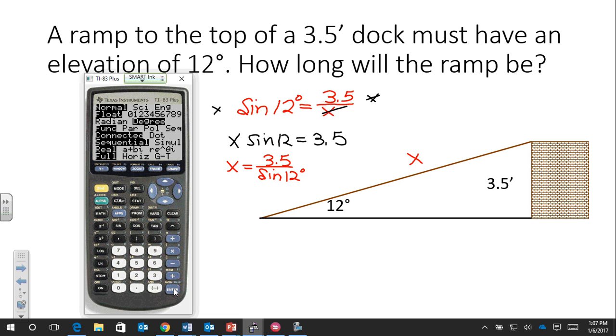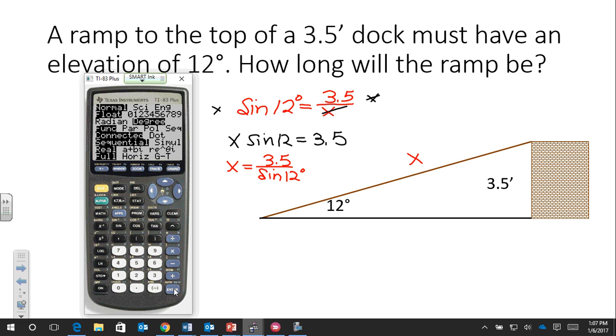If you have a regular calculator, you want to make sure you're in a DEG or a D somewhere on your screen, not R or grad. DRG maybe. You want to make sure you're in D, not radian right now. Because our measure was 12 degrees, we need to make sure that we're in degrees.